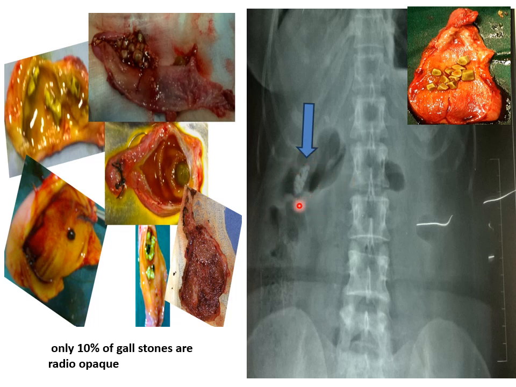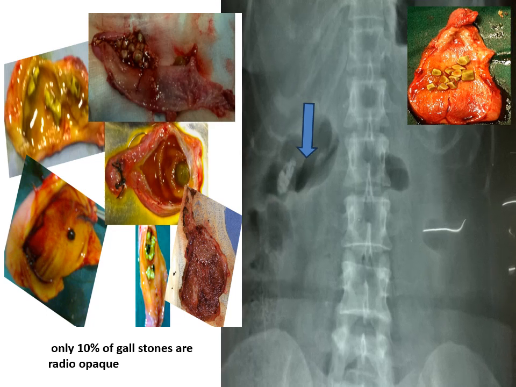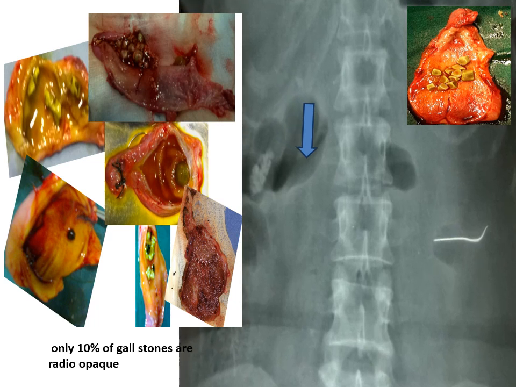They will be usually placed near the 9th costal cartilage. Number one. Number two, kidney will be medial. Number three, if you have a closer look, the stones will be faceted, like here. You can zoom in and you can see that these stones are faceted, or at least you can imagine they are faceted.